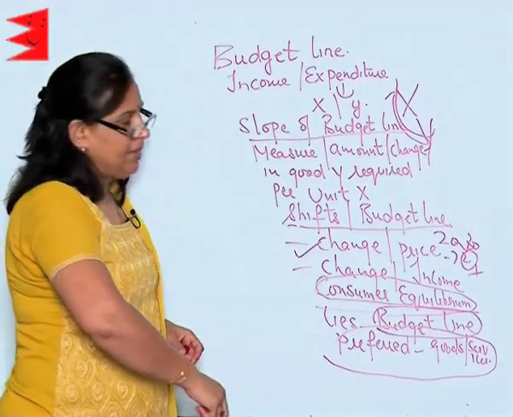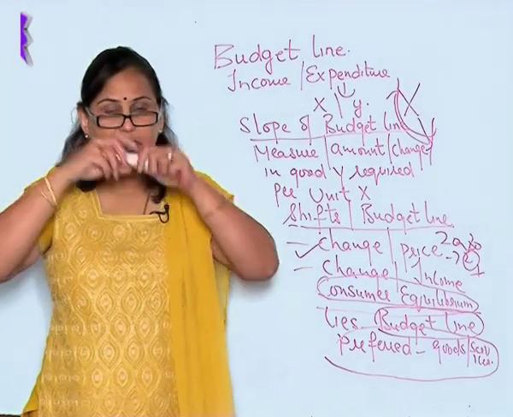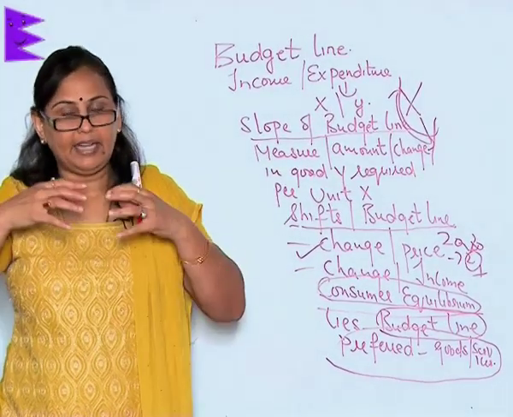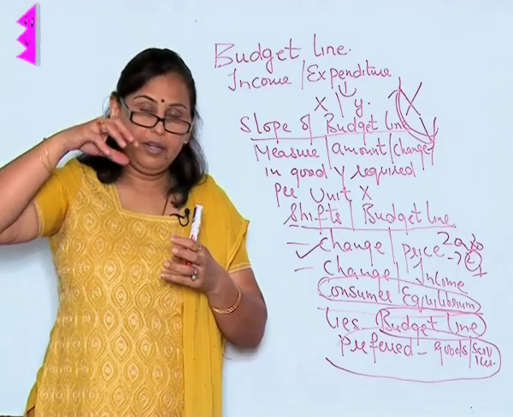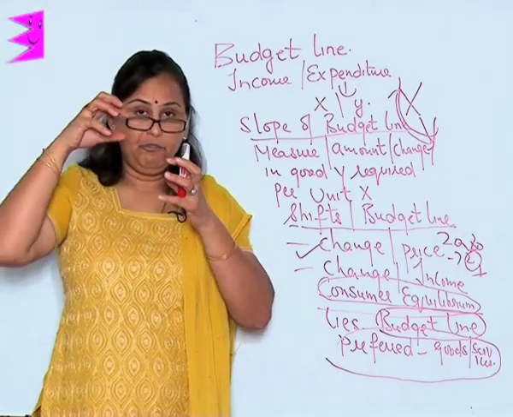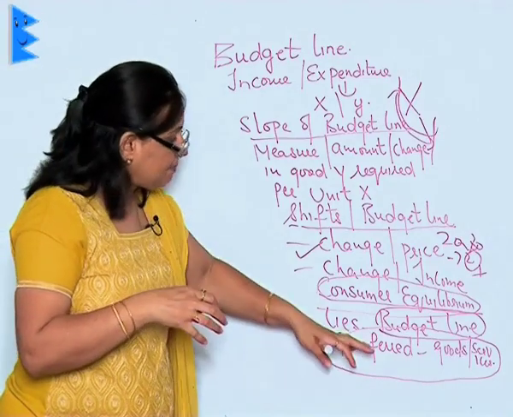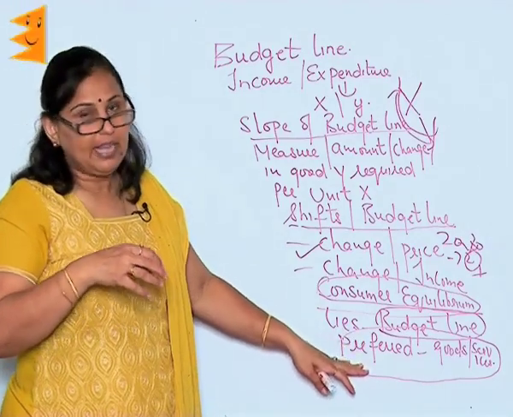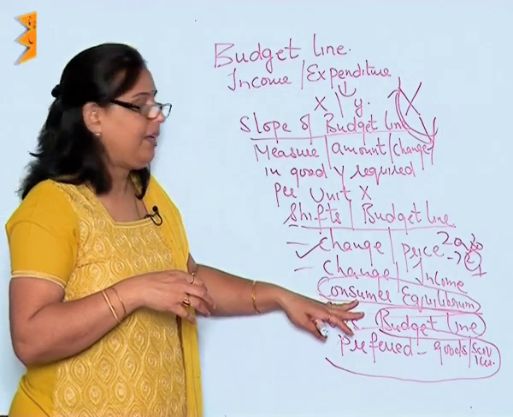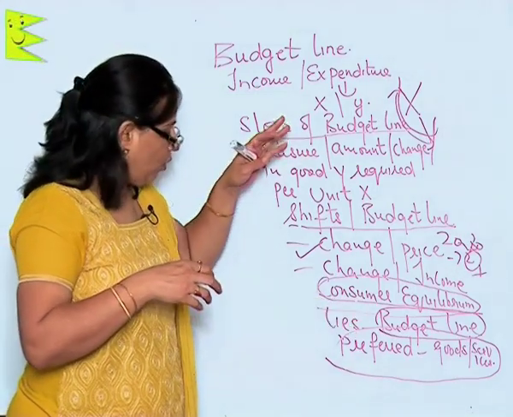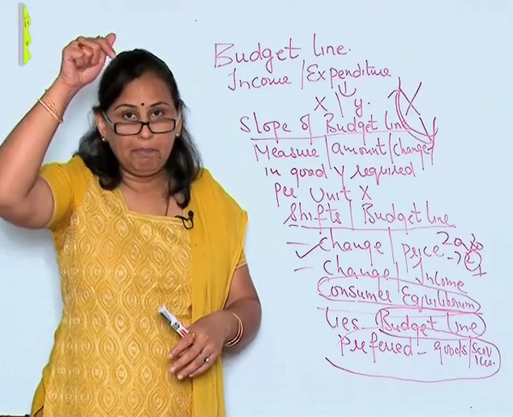Once again, in layman's terms, if I spend the income that I have on commodities from where I get maximum utility, I get maximum satisfaction, that is the consumer equilibrium, and it always lies on the budget line.